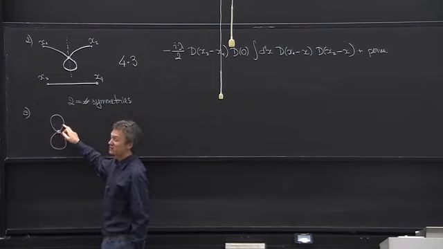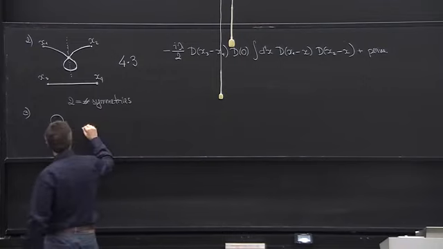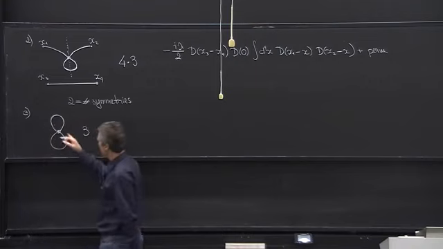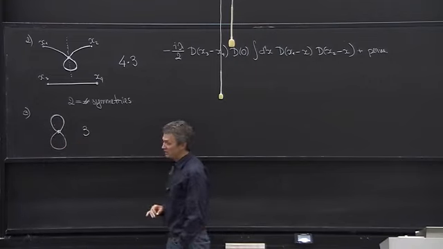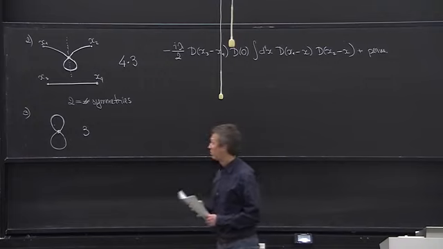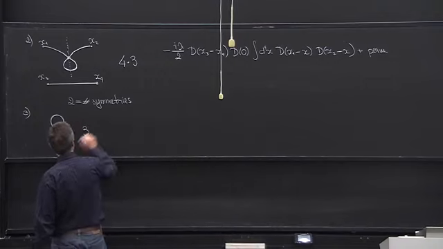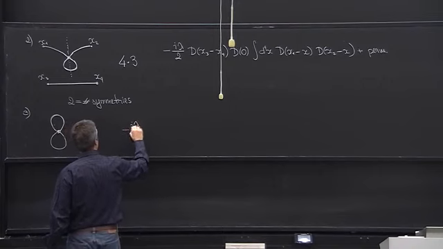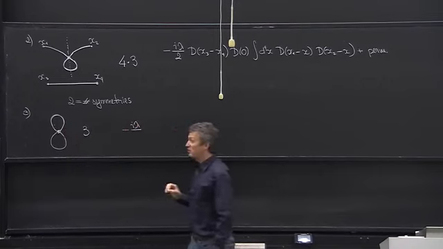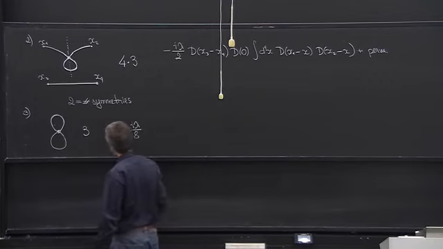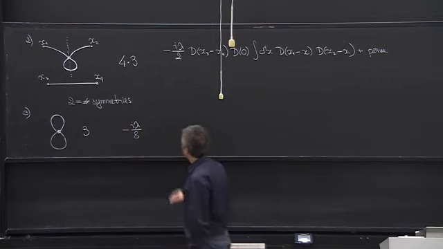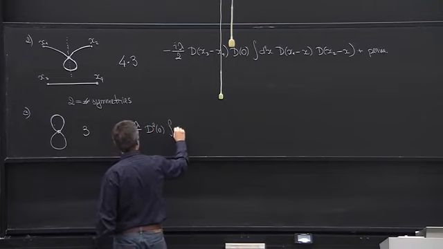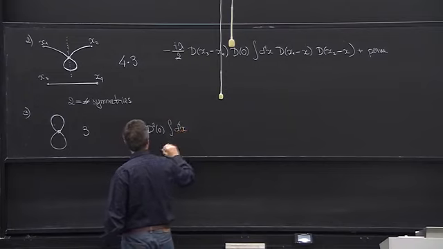It has, let's say, 3 possibilities to contract with. So we have 3, and so then we choose 1. We have this, say, upper bubble, and then the lower bubble has no choice. So the combinatorial factor is 3. So the diagram altogether will be divided by 4 factorial divided by 3, I think that is 8. And then we'll have D squared of 0, and then the integral d^4x of 1.